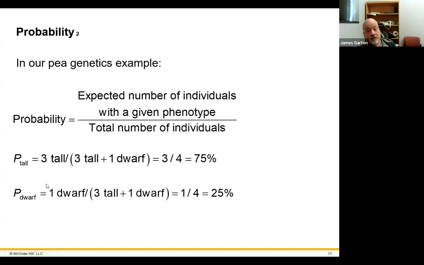And the probability of observing the recessive phenotype is going to be the remainder. The sum total of all probabilities must equal 1. So there are 2 ways to calculate this. Probability of the dwarf is 1 minus 75%, which gives you 25%. Or you can go back to the Punnett square and figure out how many ways you can get a dwarf versus how many total phenotypes you might observe.